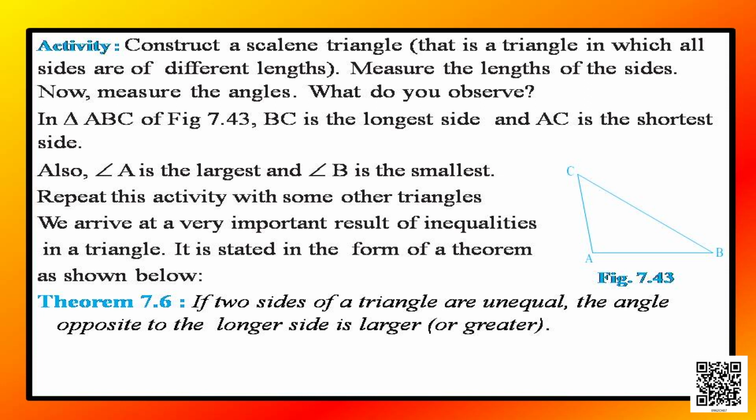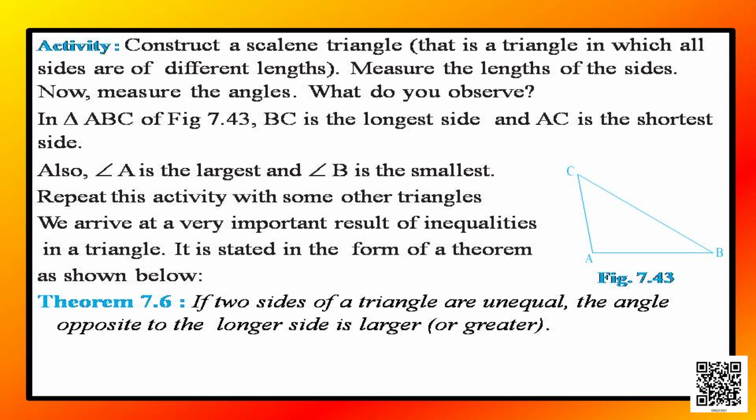Now just measure the angles. What do you observe? In your triangle, you will find that the angle that is opposite to the largest side of the triangle will be of larger value or will be of largest value.